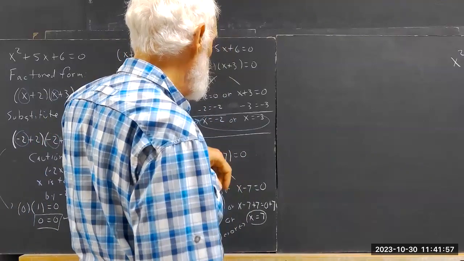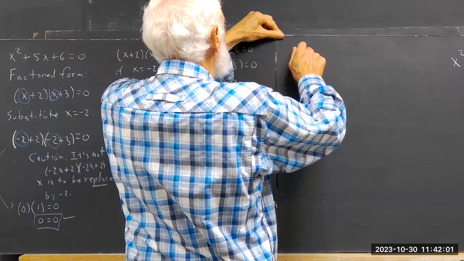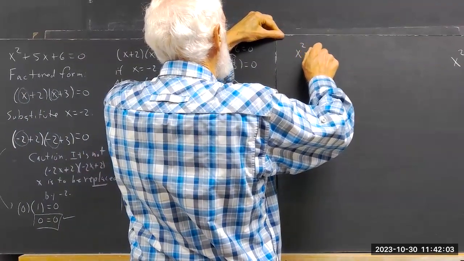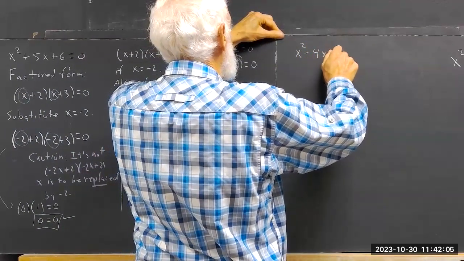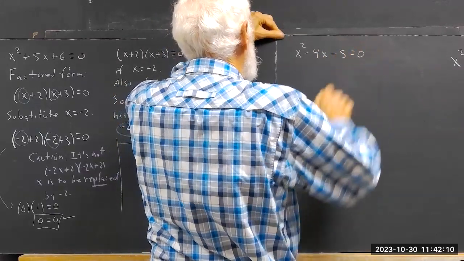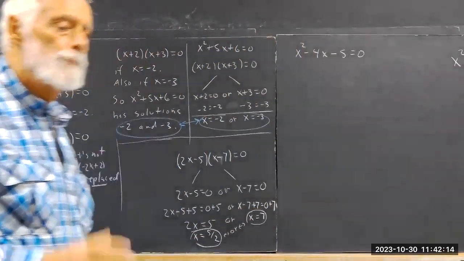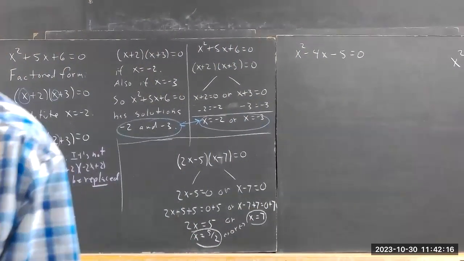Let's try another one. Write down x squared minus 4x minus 5 equals 0. See if we can factor this one.